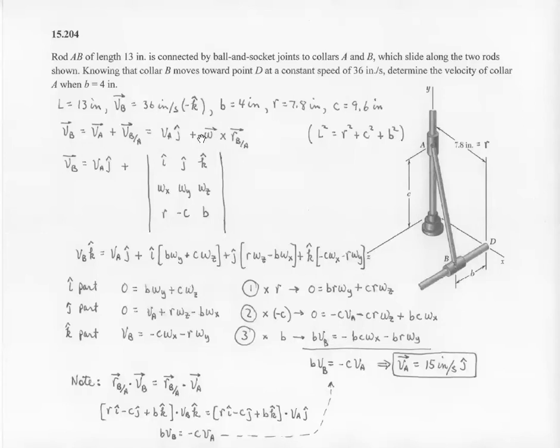So if you dot R sub B/A into a vector that's perpendicular to it, you're going to get 0.